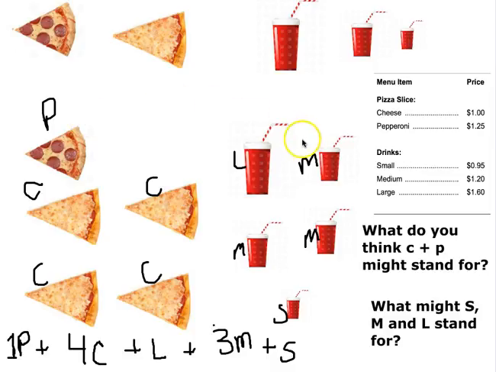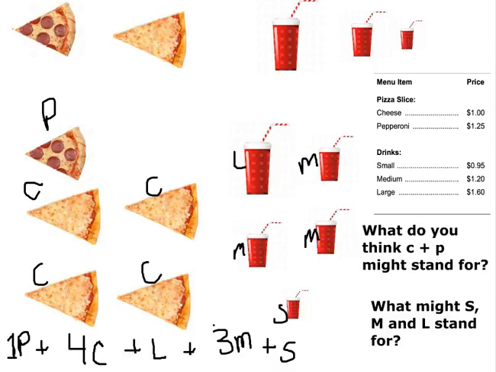So I just took all this information that I had here and I wrote it in an expression using P for the pepperoni, 4C for the 4 cheese slices, 1L for the 1 large drink, 3M for the 3 medium drinks, and 1S for the small drink.